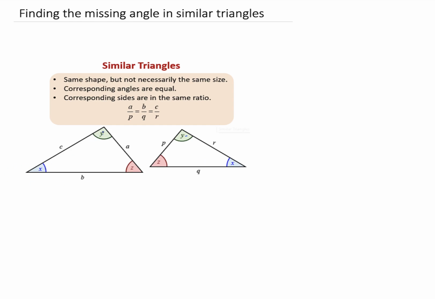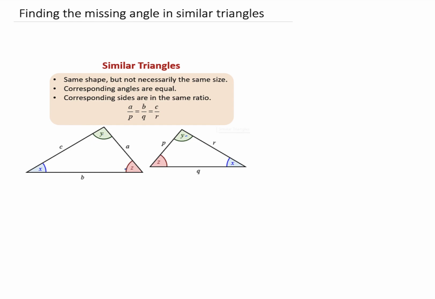Now the angles inside of your triangle will be corresponding. And when I say the word corresponding, it means that they're equal. So angle Y in the big triangle would be the same value as angle Y in the smaller triangle.